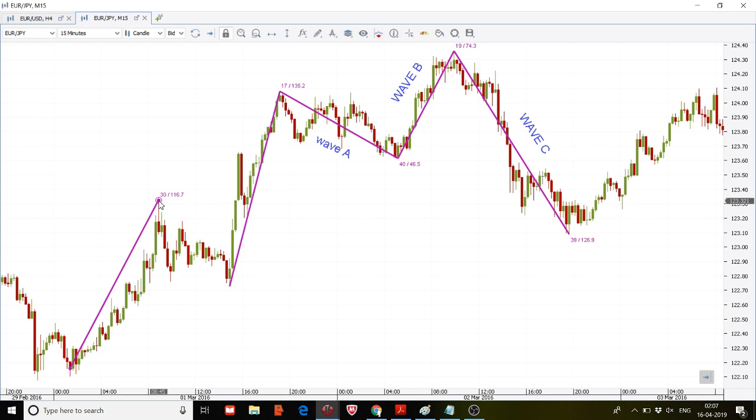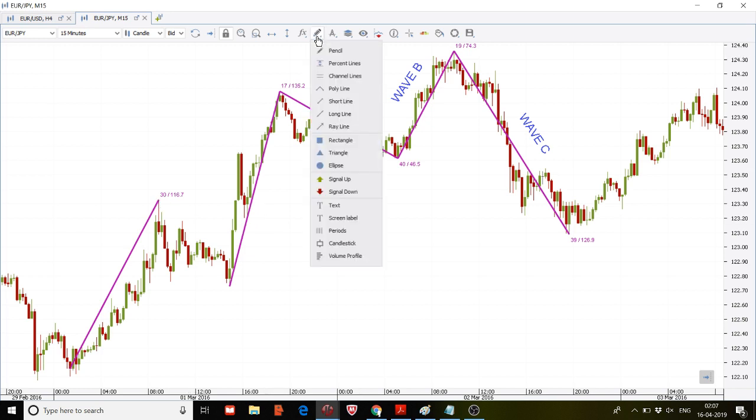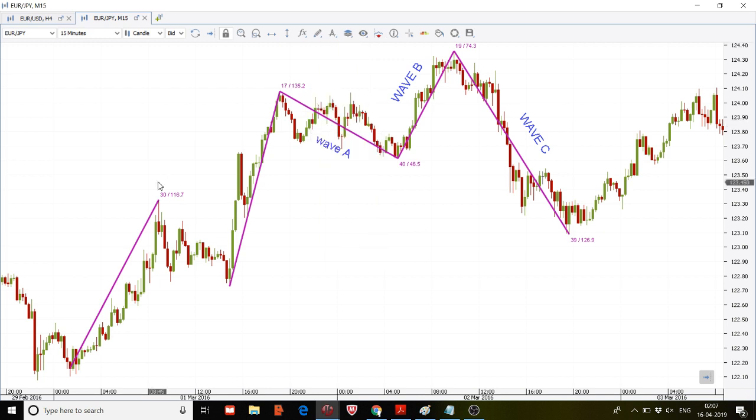This is wave 1. Then wave 2: what you have to do is join the swing low with the swing high in that series, so you get one wave, then you have wave 2. Similarly, join the swing high with the swing low, and then wave 3, and after that it has the corrective pattern.